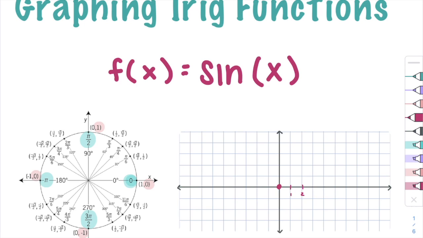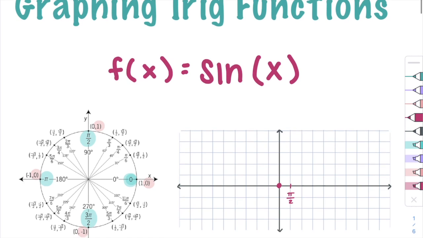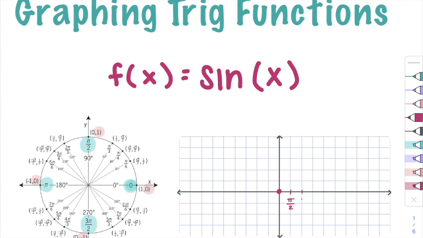So I'm intentionally going to count by pi over 2, pi, 3 pi over 2, 2 pi. I'm going to count by the numbers on my unit circle so that when I'm plotting these points, it's easy for me to pick out the values.